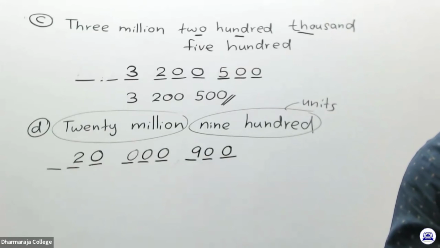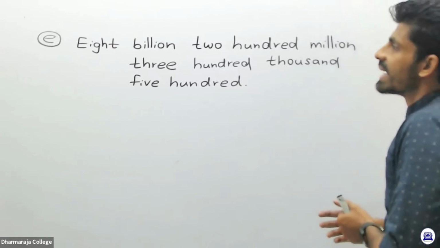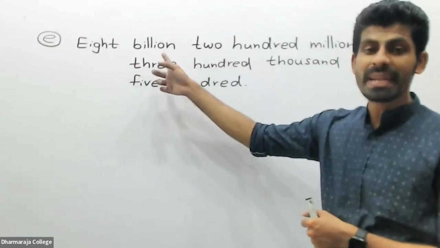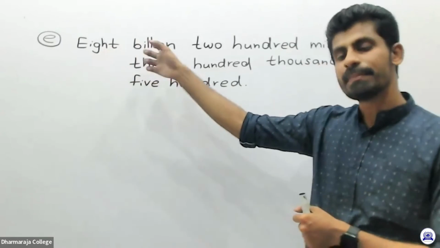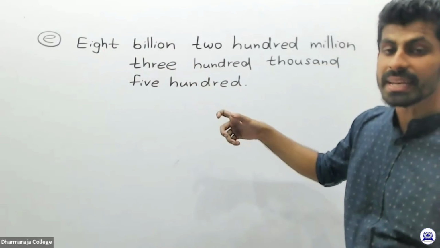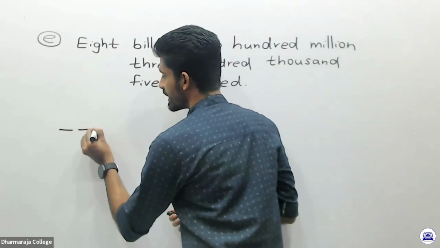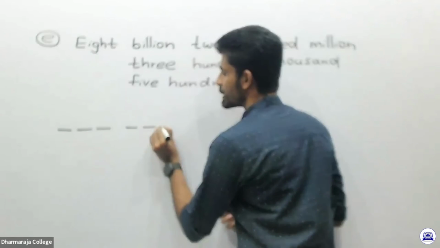Right, just quickly note it down, hurry up. Look at question number E. 8 billion means billions, right?